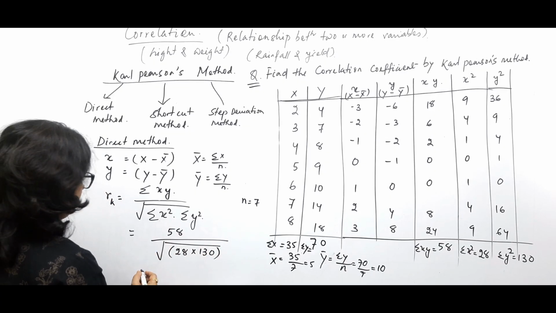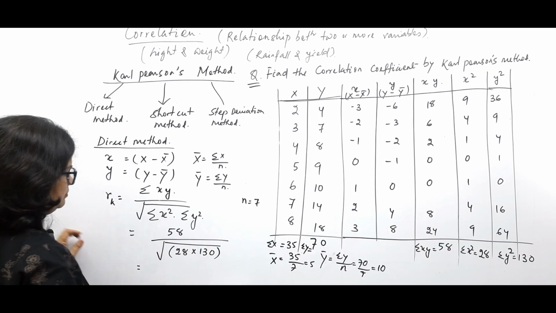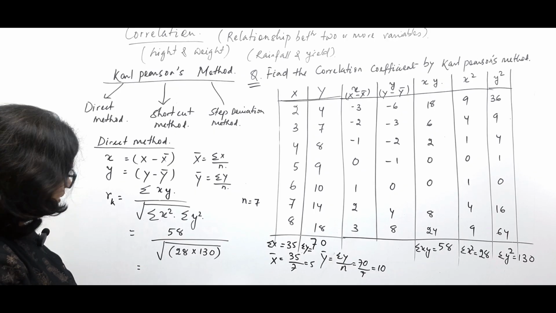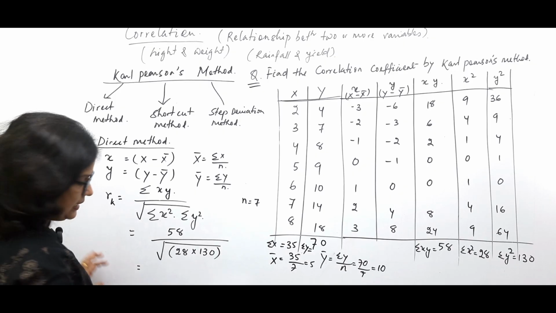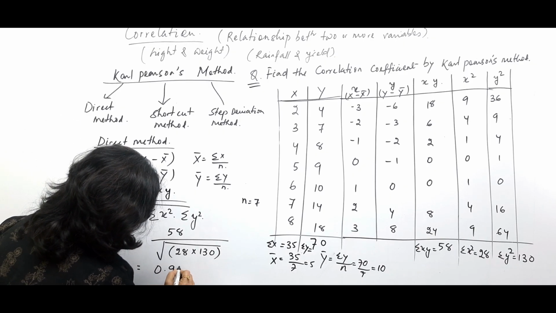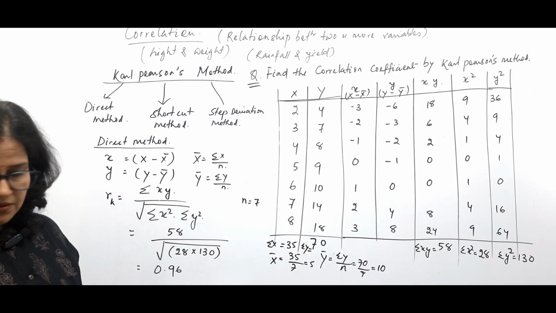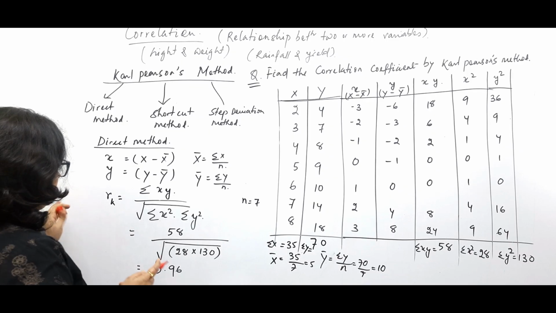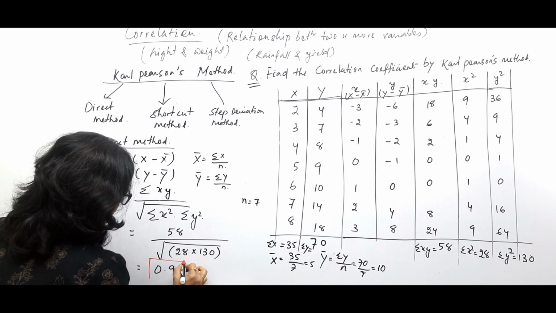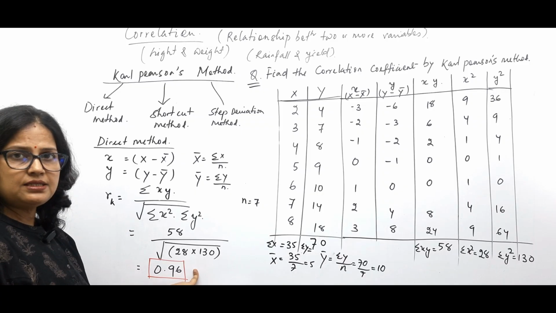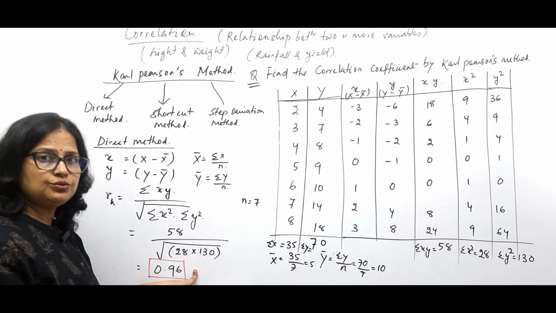If you calculate this value, it will come to 0.96. So 0.96 is our correlation coefficient, which is very close to 1.